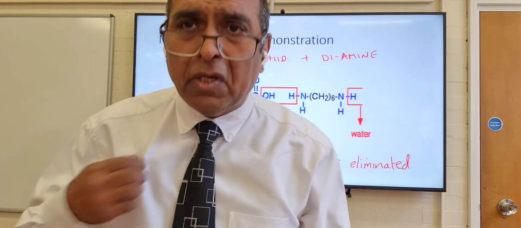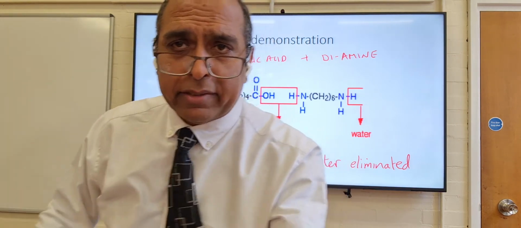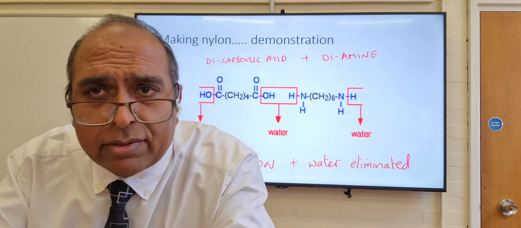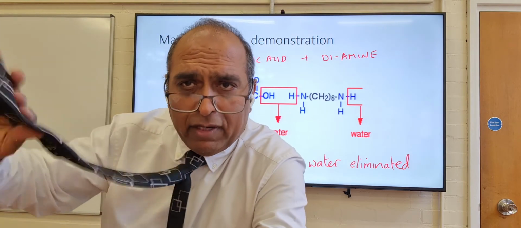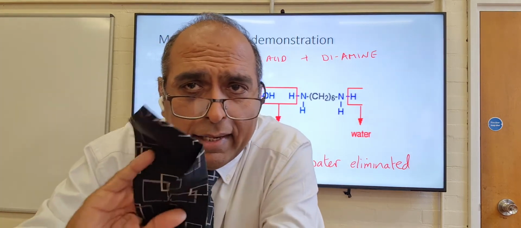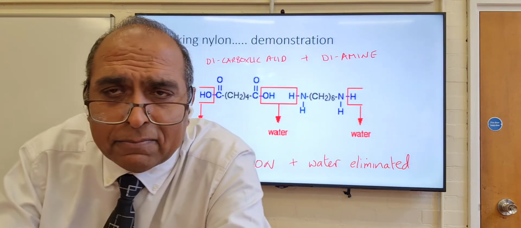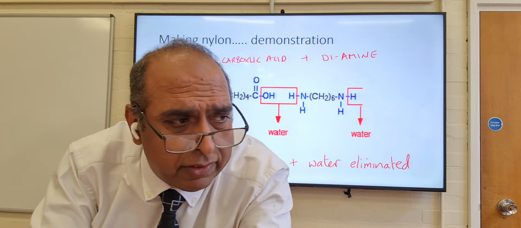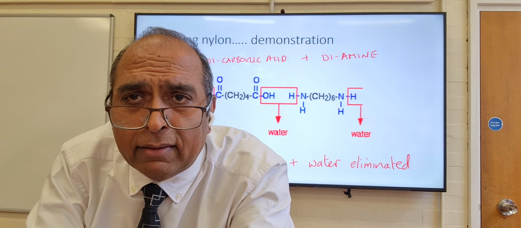This shirt, 60% polyester. My tie, I think it's 100% polyester. It's made with these kinds of reactions. They are plastics. If I just warm this up, without burning it, it'll melt. I have a couple of fleeces that I've melted over the years because they've been heated up and they melt, and I have to chuck them away.